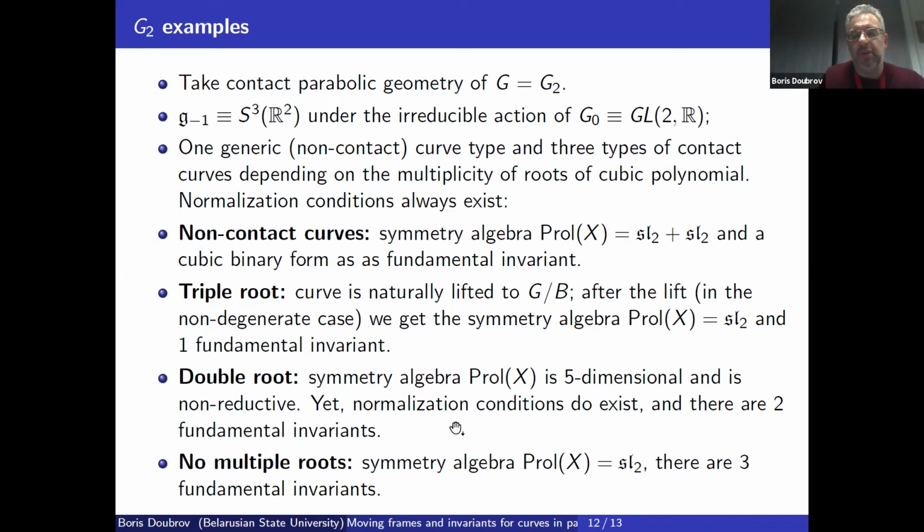And no multiple roots is also an interesting case. In triple root and no multiple roots, in both cases, the prolongation is just SL2, but these are 2 different SL2s, and they have different decompositions of the adjoint representation. Because of this, in the triple root case we have 1 fundamental invariant sitting in a very high degree, and in the no multiple roots case we have 3 fundamental invariants, but appearing much earlier.